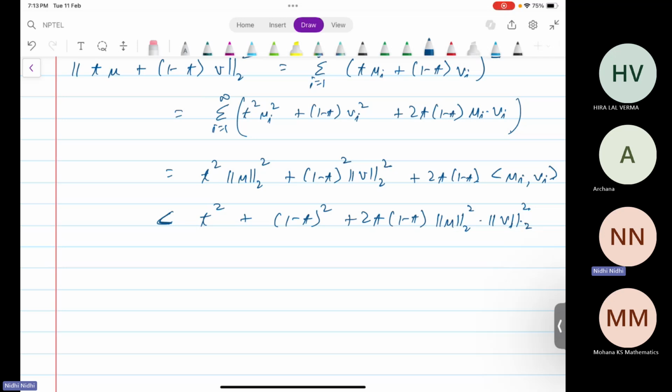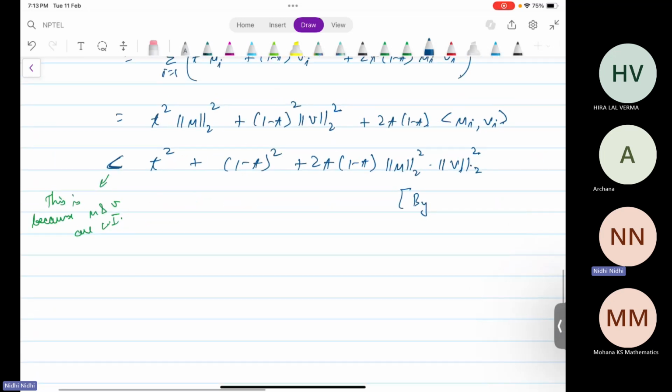Now since the vectors are linearly independent, we have this inequality. This is because u and v are linearly independent, and this is by the Cauchy-Schwarz inequality.